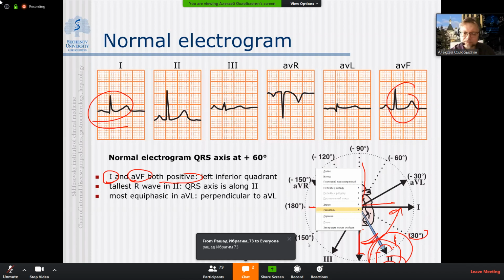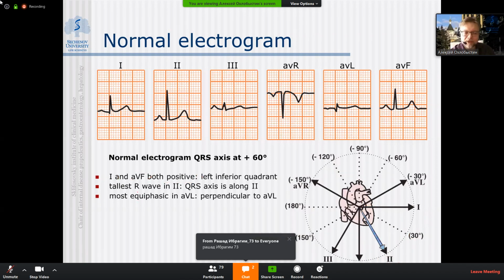Then the tallest R wave, or you may call it the highest positive QRS net area, highest positive deflection, is in second standard lead. Highest of all, it's maximal of all other projections. Again, same process projected on different leads.